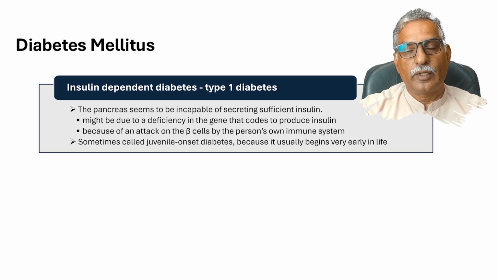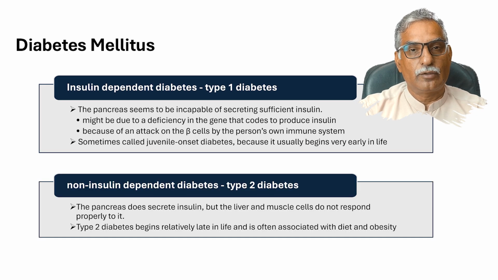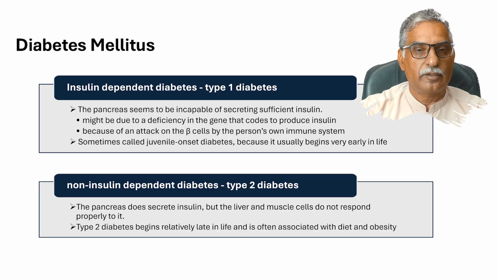In case of type 2 diabetes, that is insulin independent diabetes, insulin production is not the problem, but insulin cannot cast its impact. It cannot interact with the liver cells and the muscle cells, and cannot make them increase uptake of glucose and metabolize it. And why is this so?